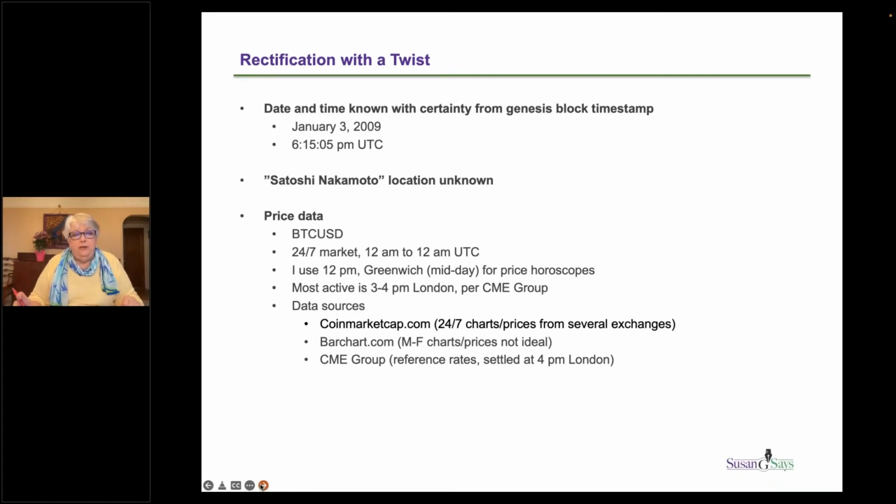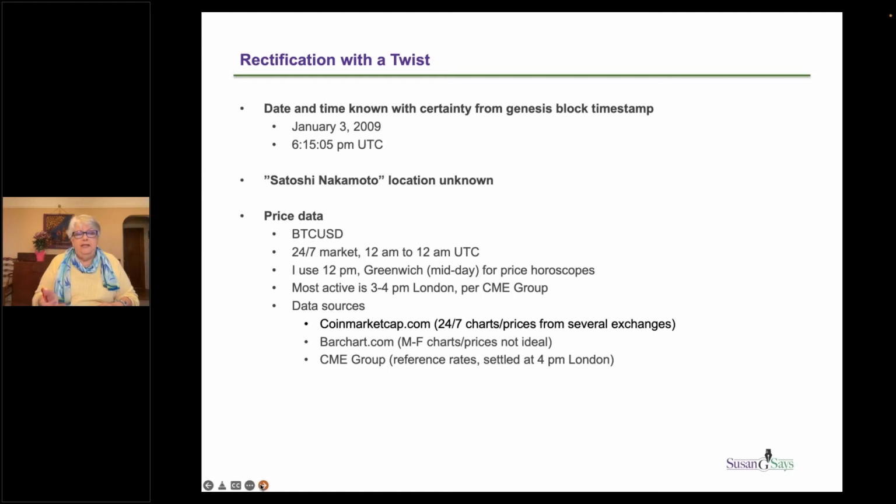The CME group says that the most active hour during the trading day is 3 to 4 p.m. London time. Some data sources that you can use for price data: coinmarketcap.com, which runs 24/7 charts and prices from several different exchanges; barchart.com, which I'm used to using for the other markets I look at, so I still do.